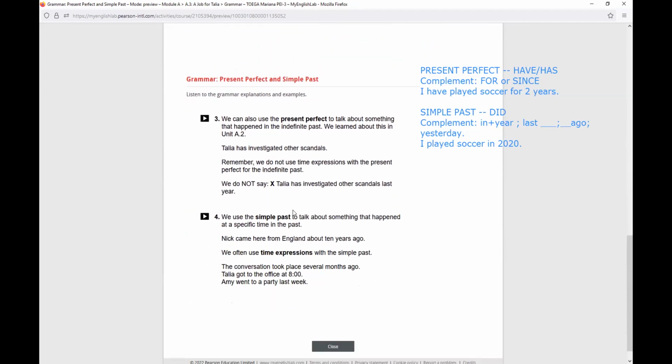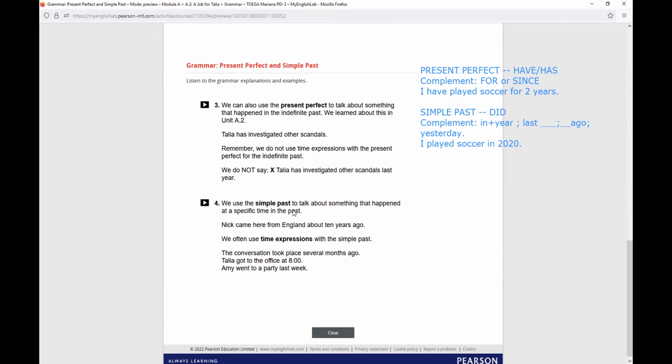Ahora, present perfect versus simple past. Talia has investigated other scandals. Talia ha investigado otros escándalos, nos dice. Ahora, ¿cómo lo diferenciamos acá si no tenemos ni un for y tampoco tenemos un since?